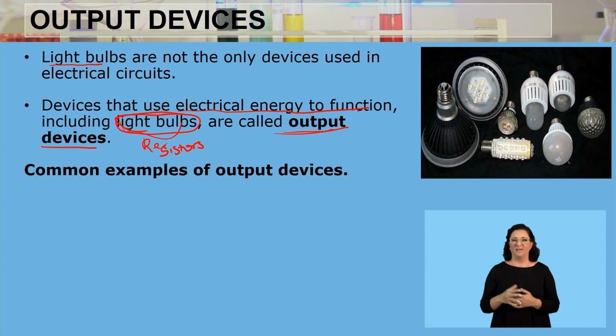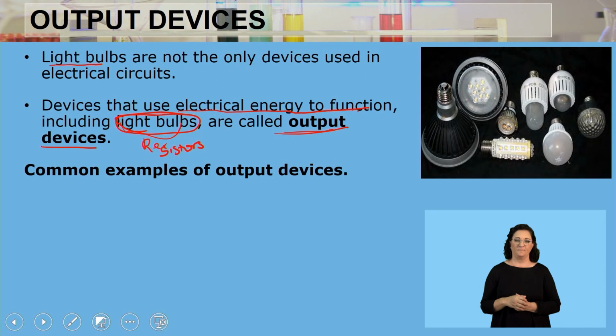So any electrical appliance that needs electricity to function is regarded as an output device. What are examples of output devices that we find in an electrical circuit?